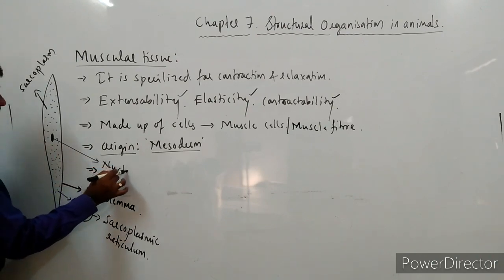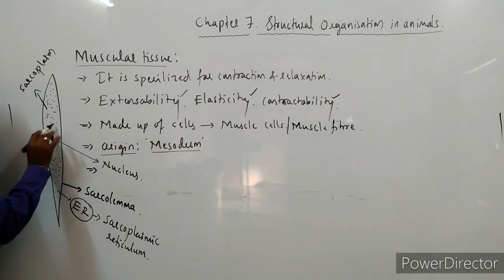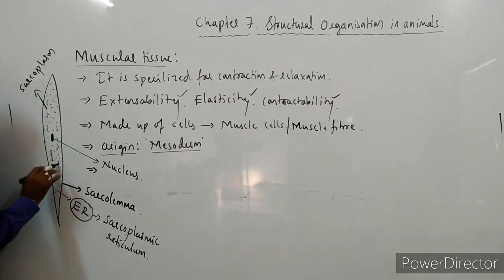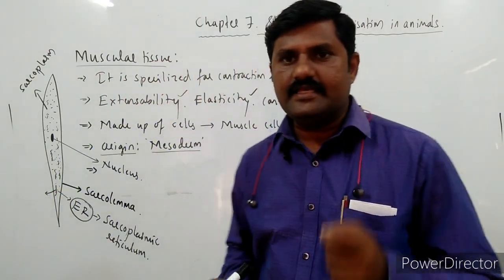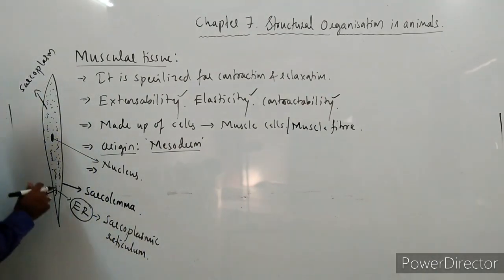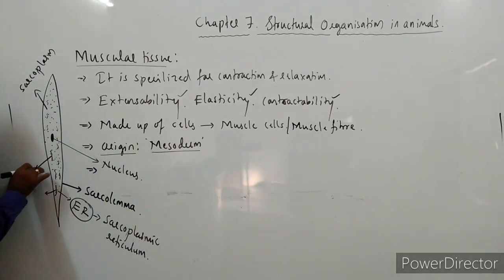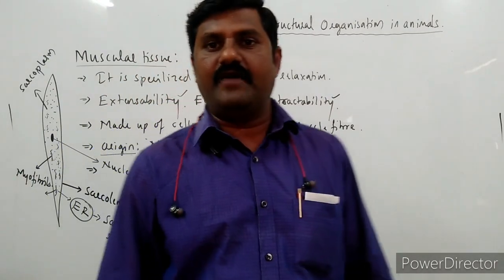Nucleus. And the unique feature of this one is, in this muscle fiber, you come across fibrous structures which are randomly arranged in these cells, and those fiber-like structures are called myofibrils. Myofibrils.